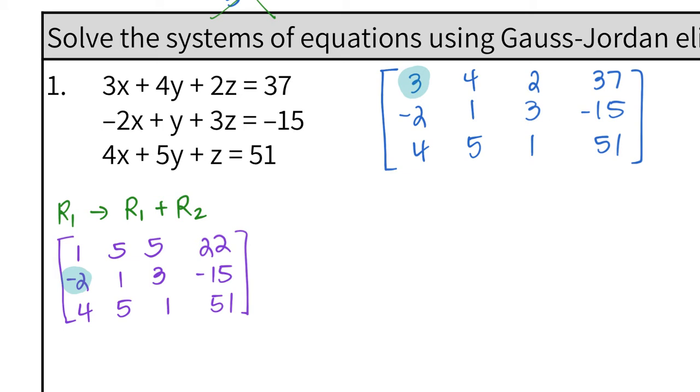Let me write what I'm saying. So -2, if I added 2, that would give me 0. But you only have the numbers 1 and 4 to work with. So what I'm actually going to do instead is, in order to fix this to something easier to work with, I'm going to multiply this entire row by 2.